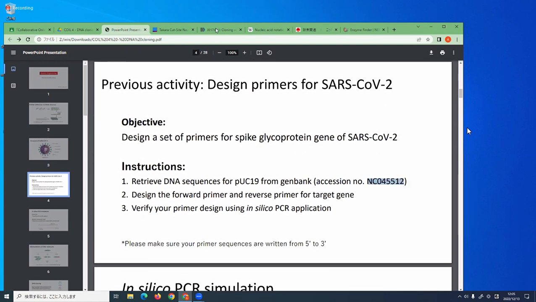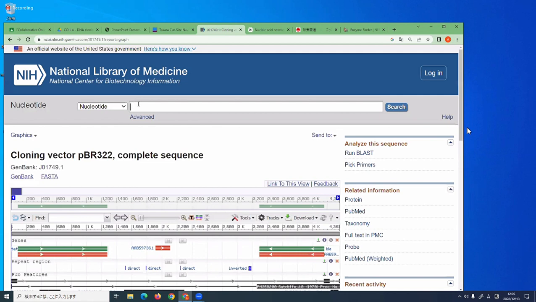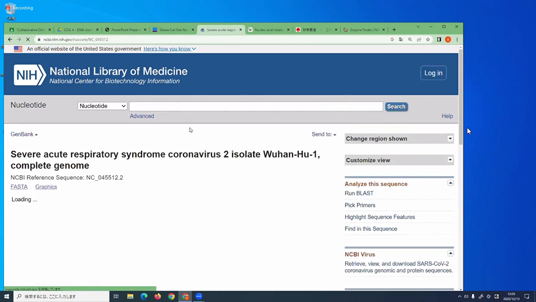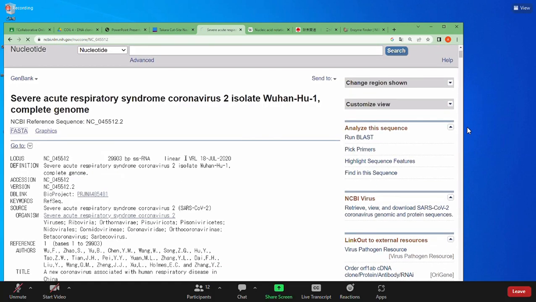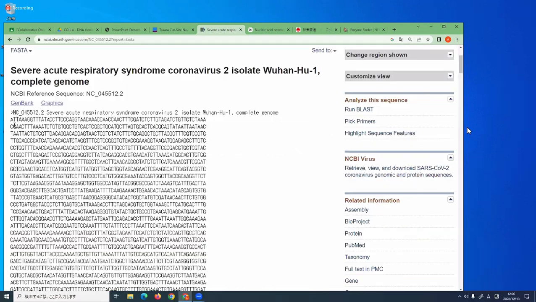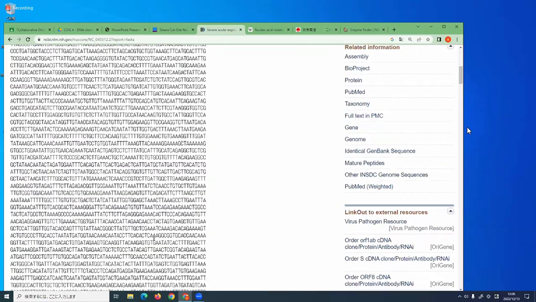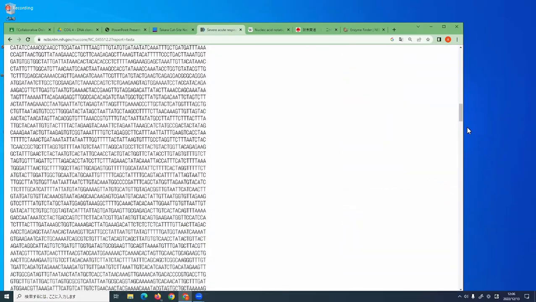We copy that, and this time we can put it here. So click on FASTA again, and then let's copy the whole sequence. This is very long.